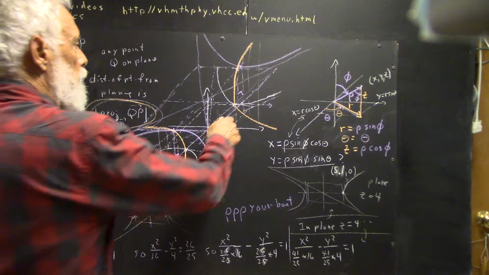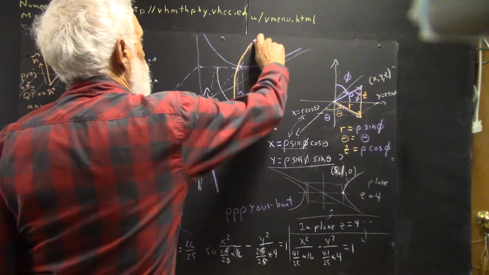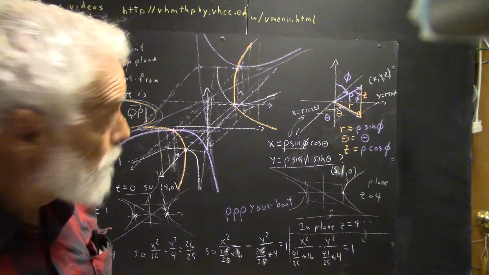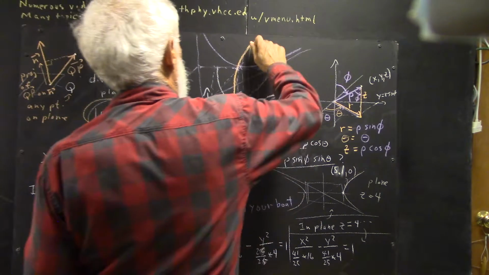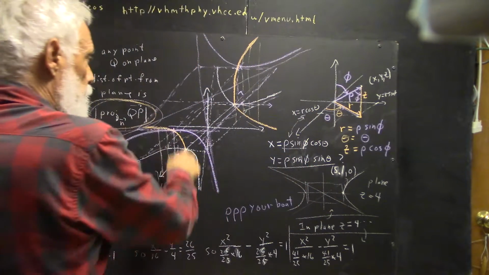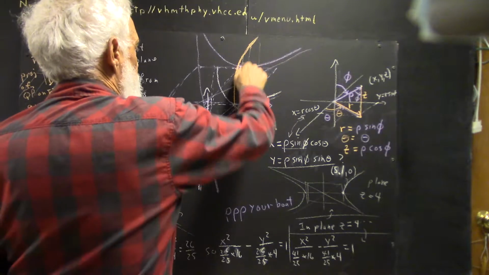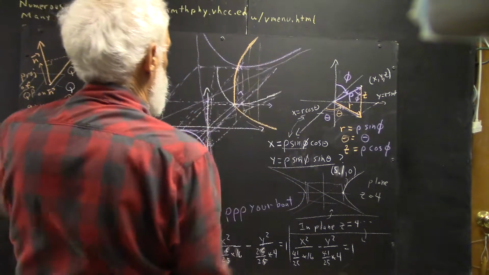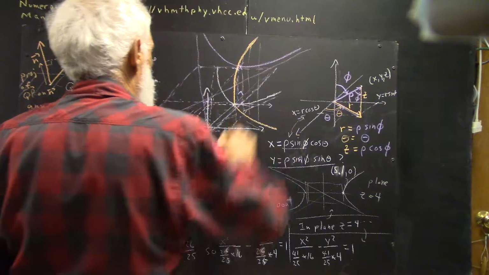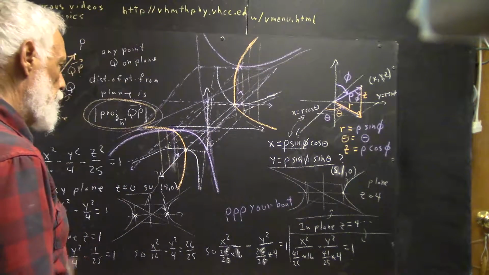So I've kind of indicated that by drawing these, whoops, got the wrong color. By drawing a couple of sections of hyperbola and these vertical lines here, just indicating that this is in the plane parallel to the xz plane.